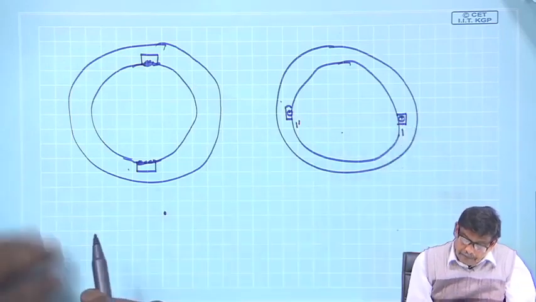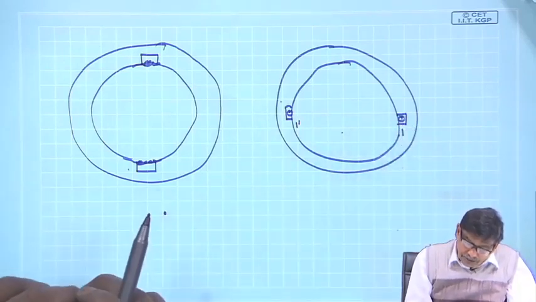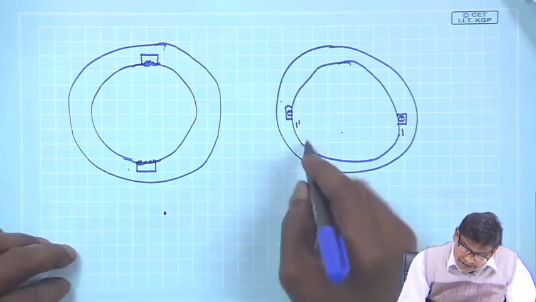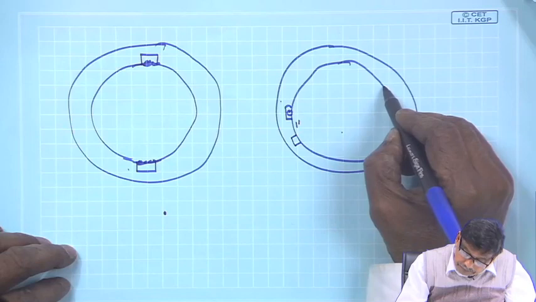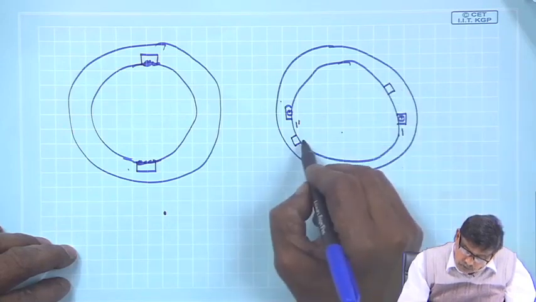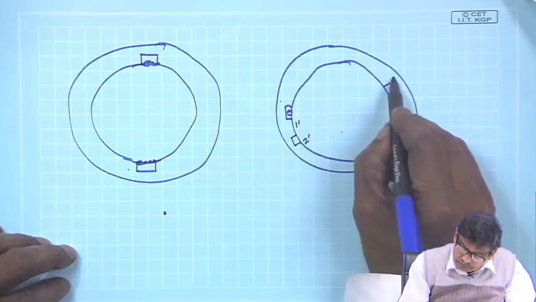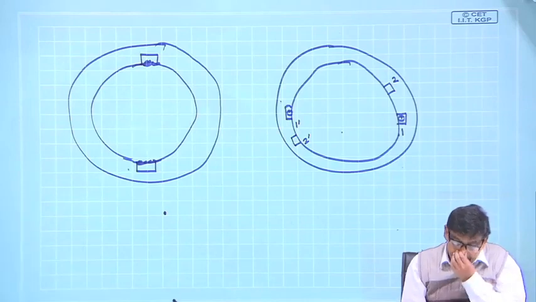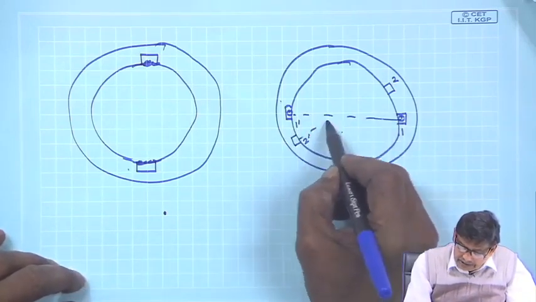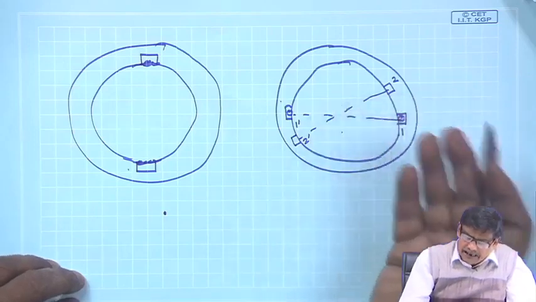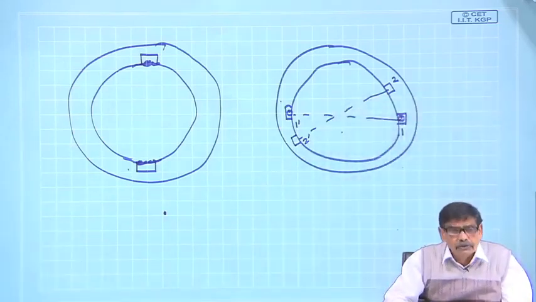Now, what I will do, I will place another coil, 2 dashed and 2. These slots are diametrically opposite, and when they carry current, they will produce two poles.